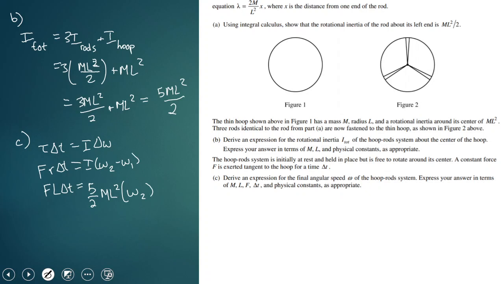And so we can solve for omega 2 as being, when I divide, I get 2 F delta t over 5 m l. Because the L and then the L squared will cancel. Alright. So that is the answer for the final angular speed of the hoop rod system.